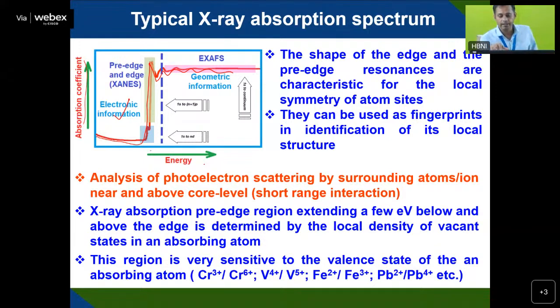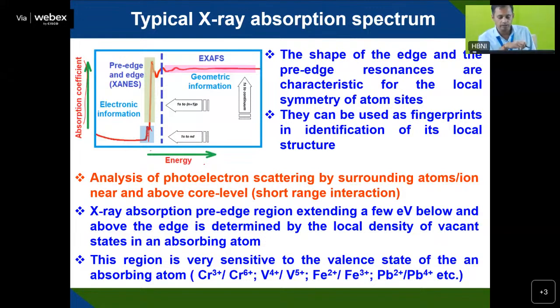This is the pre-edge before going to the absorption. You can see there is a small peak here, that is the pre-edge peak, and then you have an edge peak here. The sharp edge and pre-edge resonance are characteristic of the local symmetry of the atom. This will give electronic information, and they can be used as a fingerprint for identification of local structures.